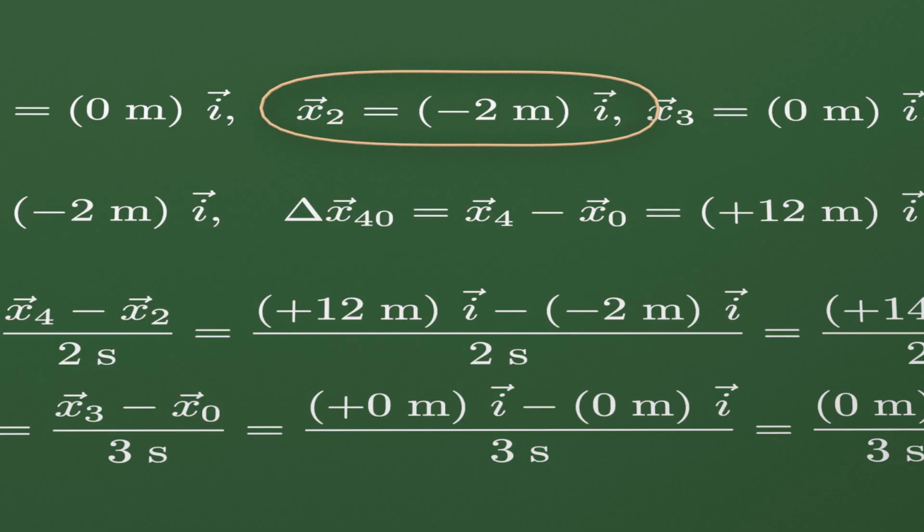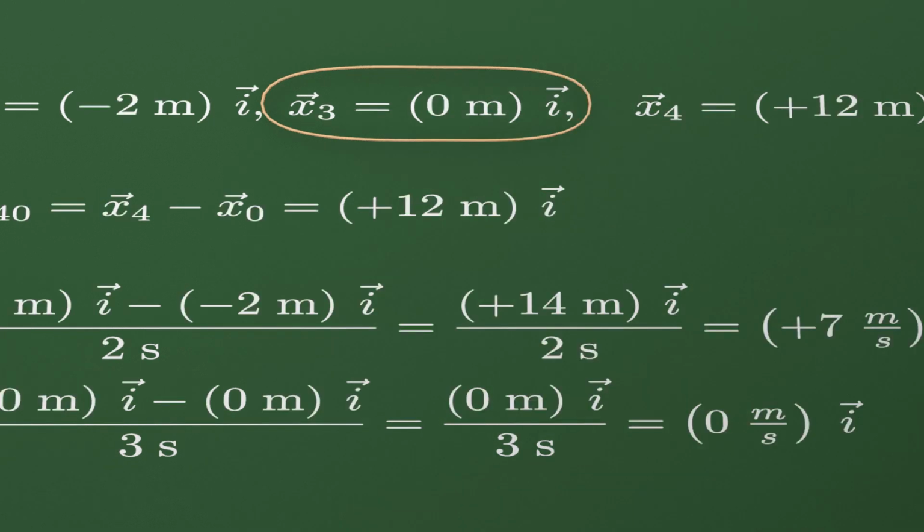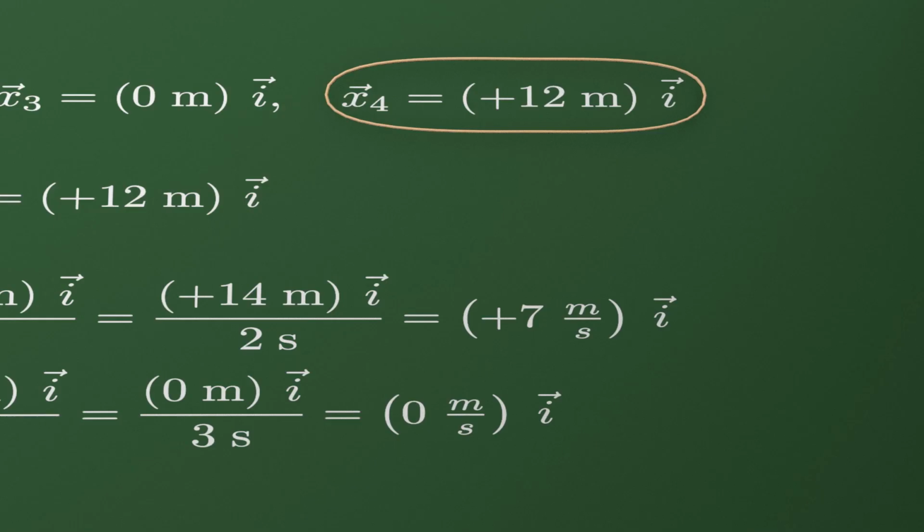So, the position of the object in the second second is 2 meters in a negative direction. In the third second, the object will be at the origin again. And in the fourth second, the object will be 12 meters away in a positive direction.